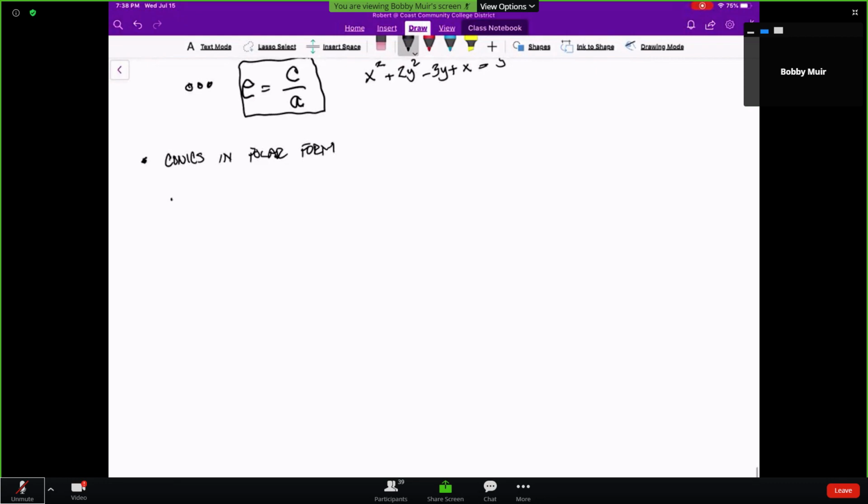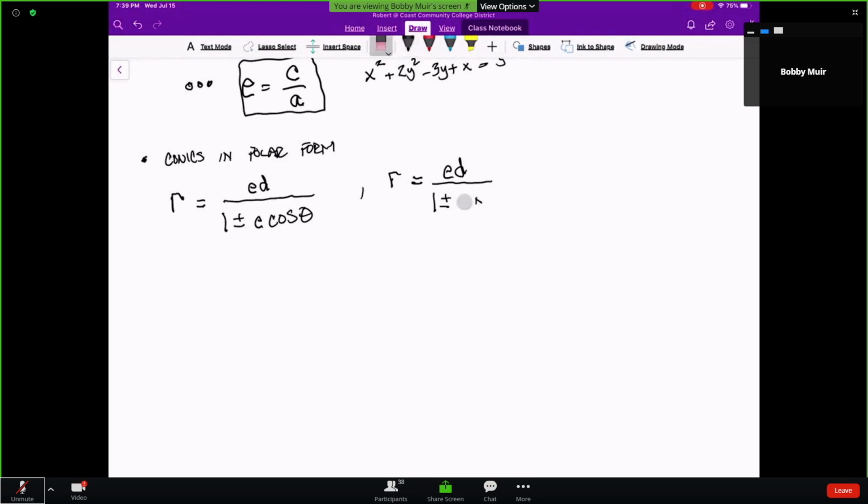Polar forms in the form of this: R equals ED divided by 1 plus or minus E cosine theta, or R equaling ED divided by 1 plus or minus E sine theta. Okay. These are both conic sections.